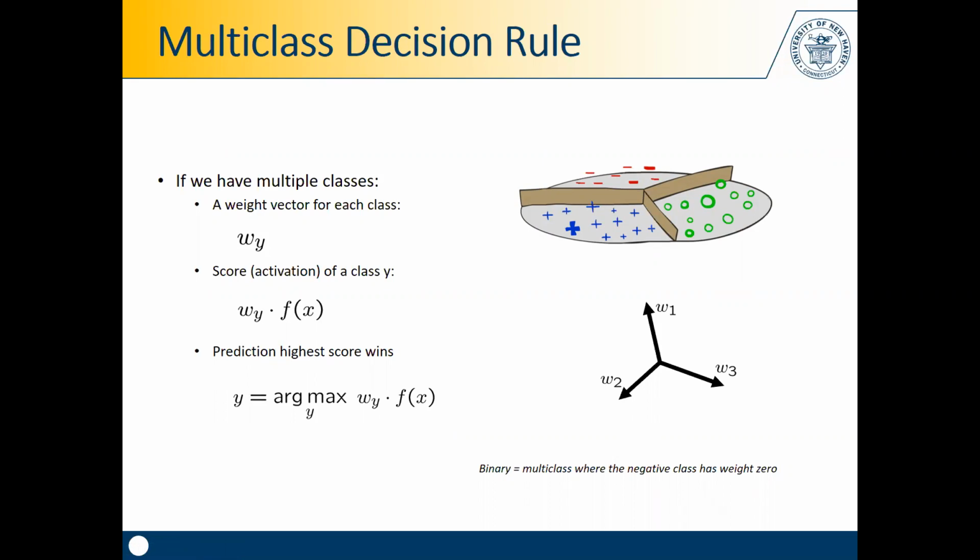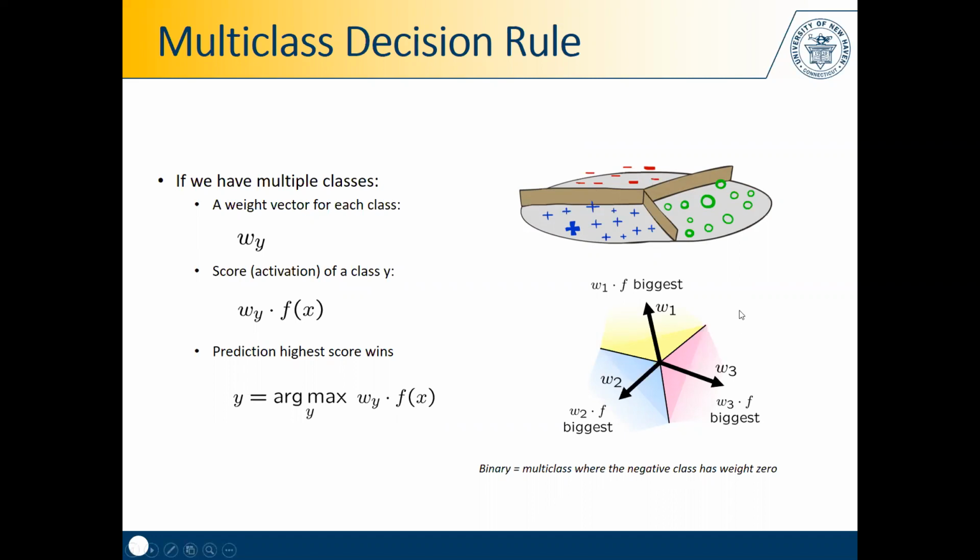All right. So what does this mean geometrically? Previously, our decision boundaries were just hyperplanes between two classes, right? How do we imagine hyperplanes or decision boundaries for multiple classes?